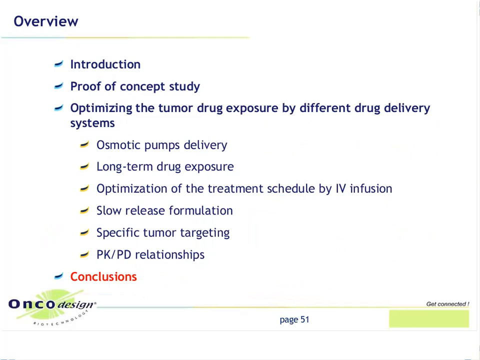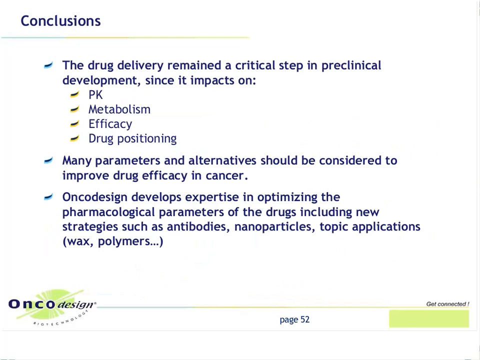As a conclusion, drug delivery remains a critical step in preclinical development, since it impacts pharmacokinetics, metabolism, efficacy, drug positioning, and many parameters, and alternatives should be considered to improve drug efficacy in cancer. Oncodesign has developed expertise in optimizing the pharmacological parameters of the drug, including new strategies with studies on antibodies, nanoparticles, topical application as a wax, polymers, and so on.